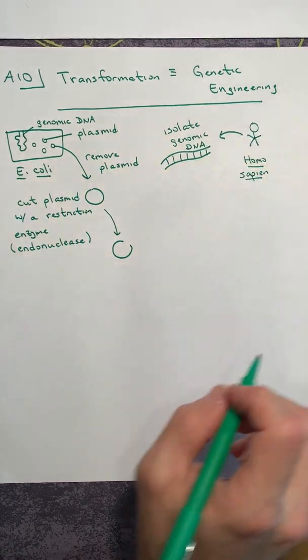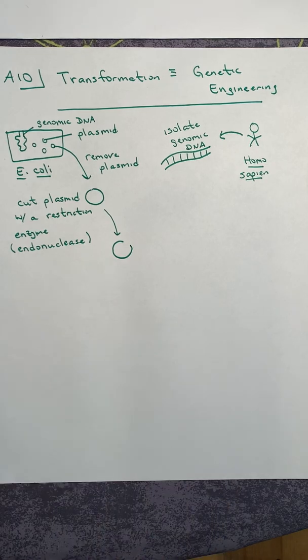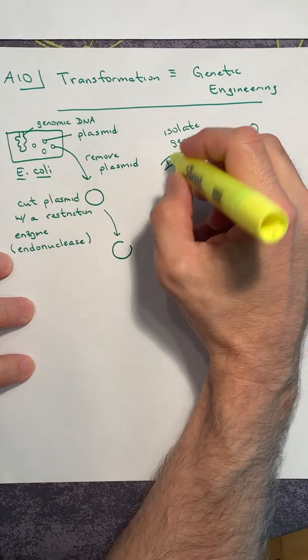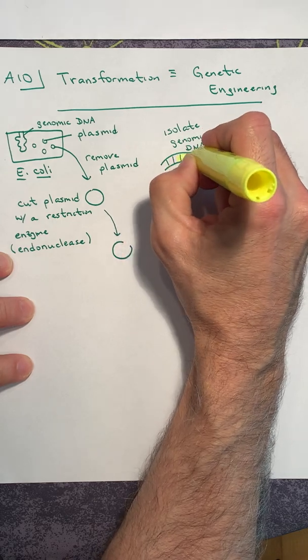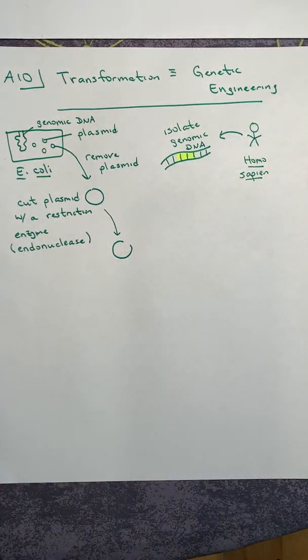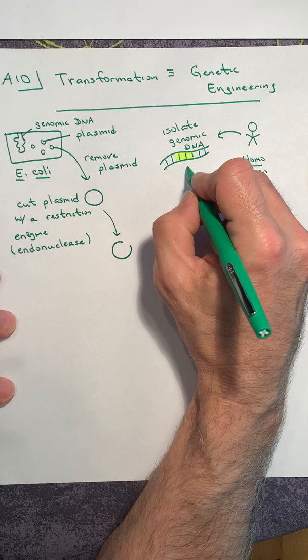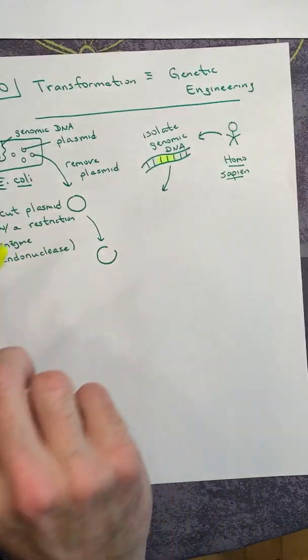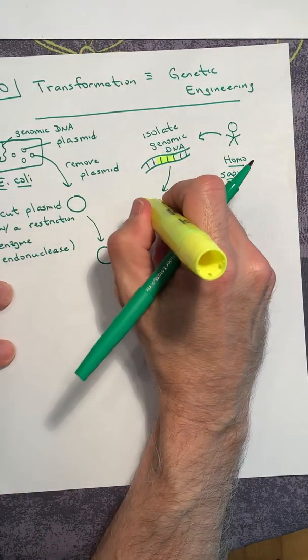Just out of a cheek swab. It's no big deal. Well, what they did then, late 80s, early 90s, is they pulled just one section of this out. And the gene that they pulled out was the insulin gene.